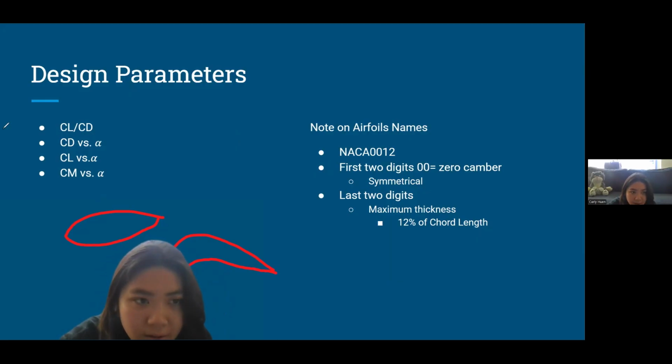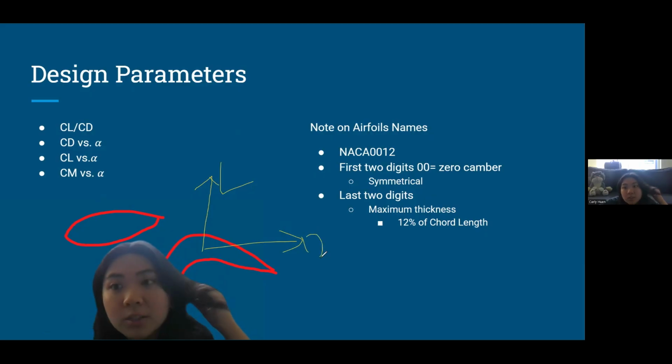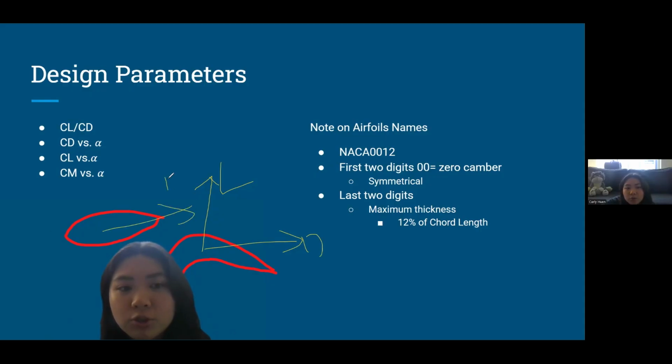Well, the asymmetrical ones are very good at making things fly. So very good at generating lift force and minimizing drag. And for symmetrical ones, well, just drag for the most part. So for our applications, we're probably gonna use a symmetrical one.